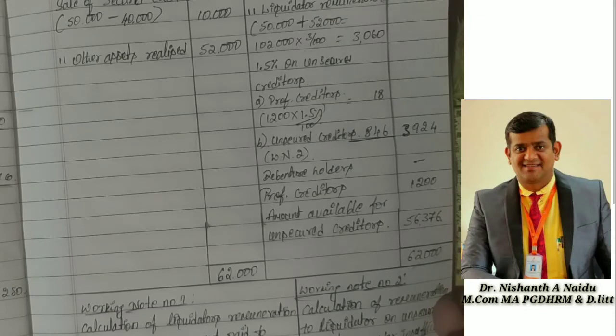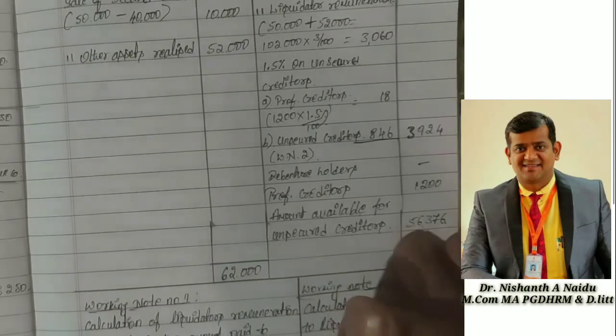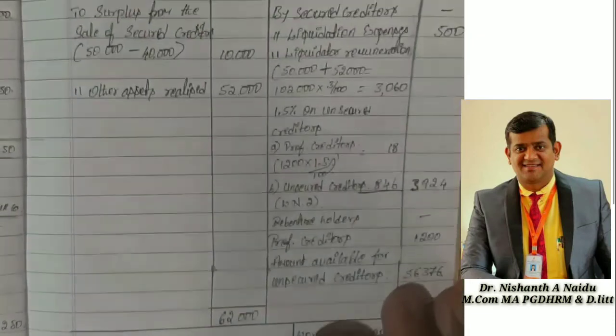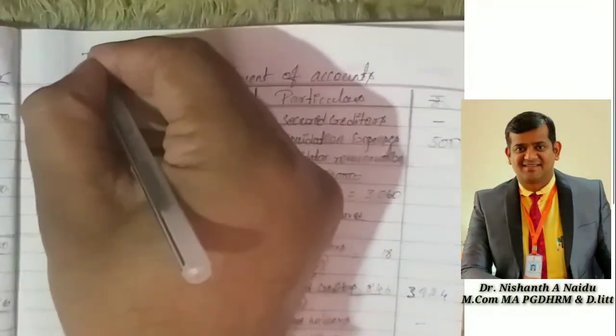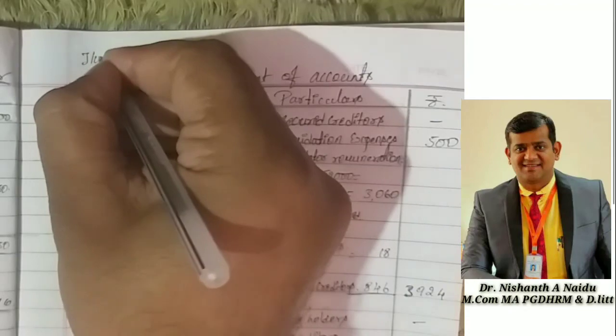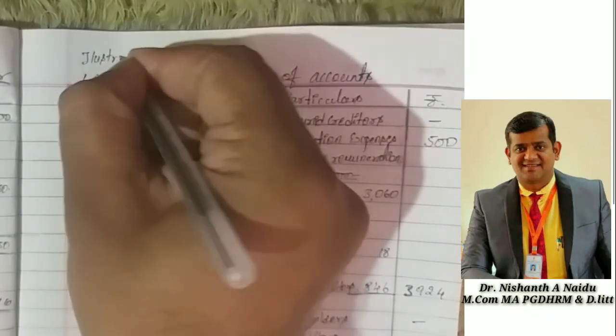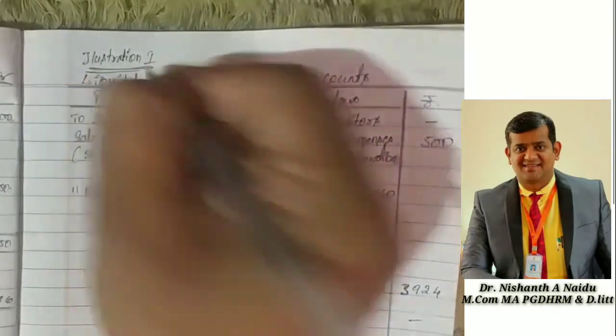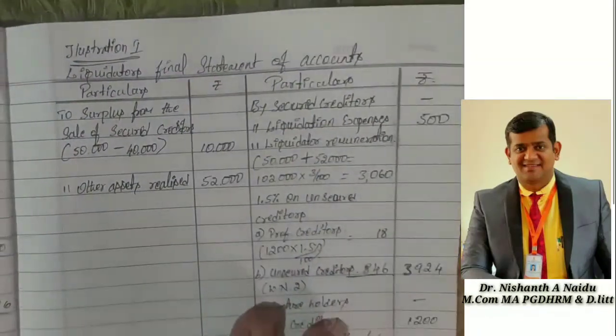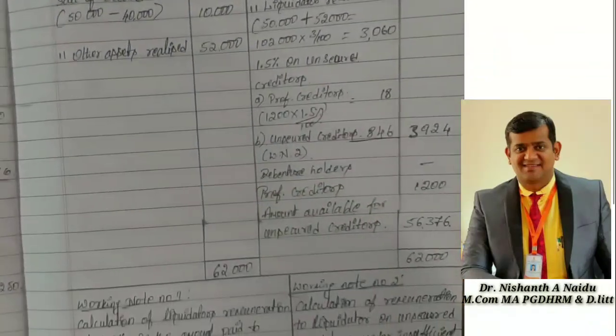So this is the solution part I have done for the liquidator's final statement, illustration number 1. This is the basic problem. See, there is not much adjustment.